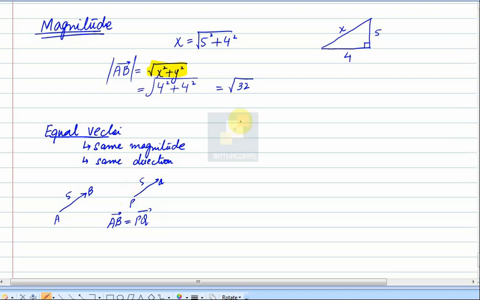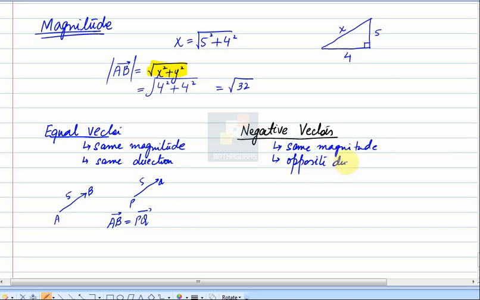After equal vectors, we have negative vectors. Now what are negative vectors? Negative vectors are those which have same magnitude but opposite direction.